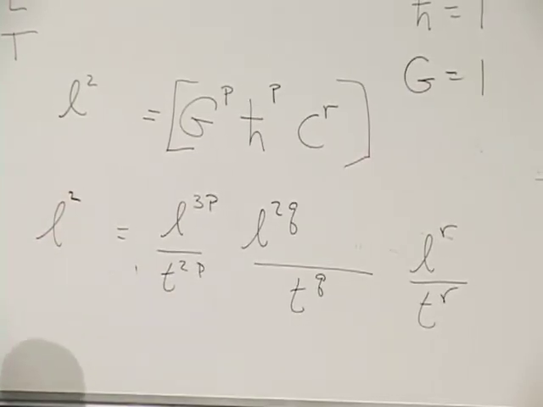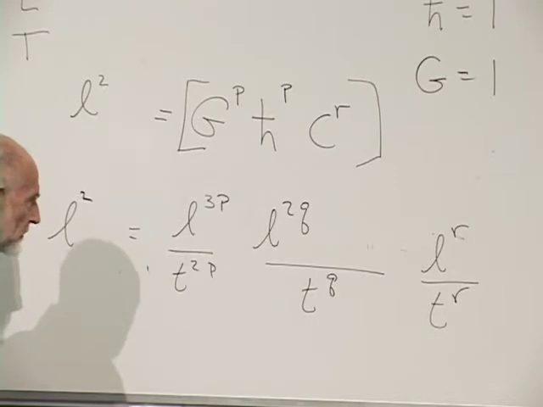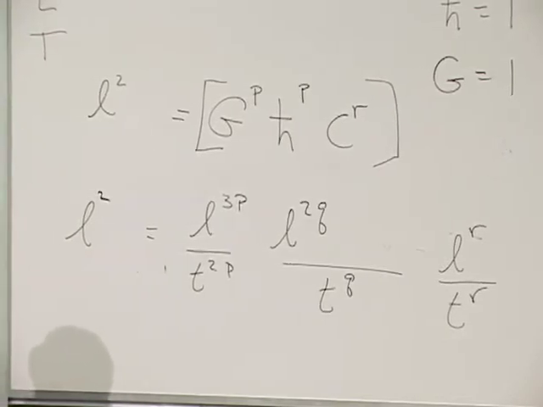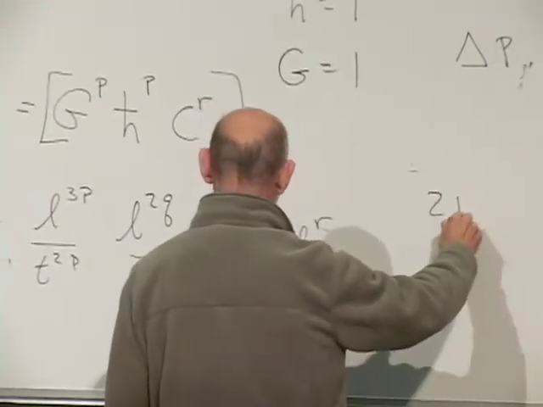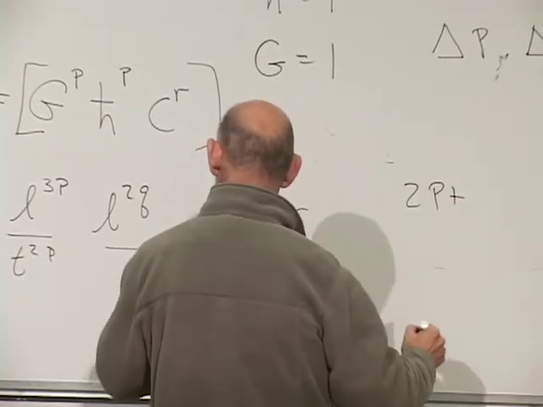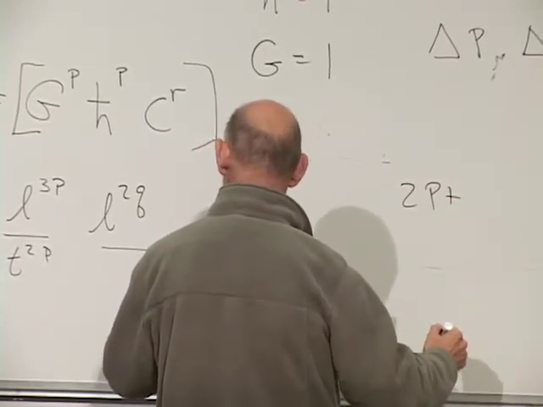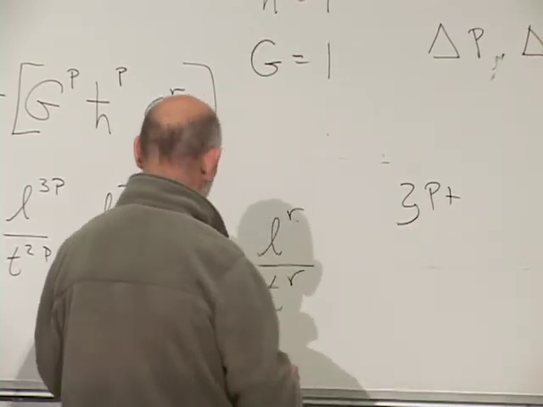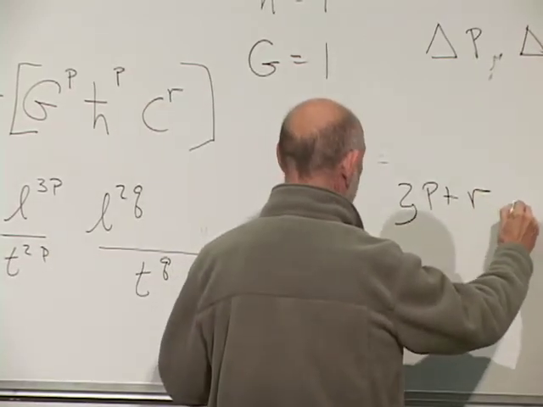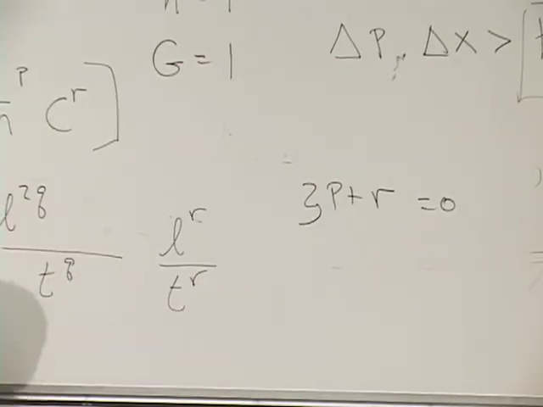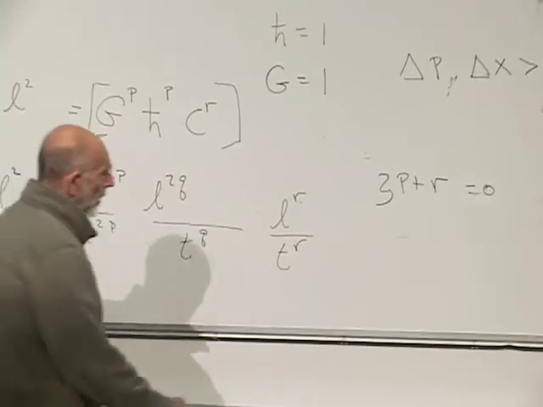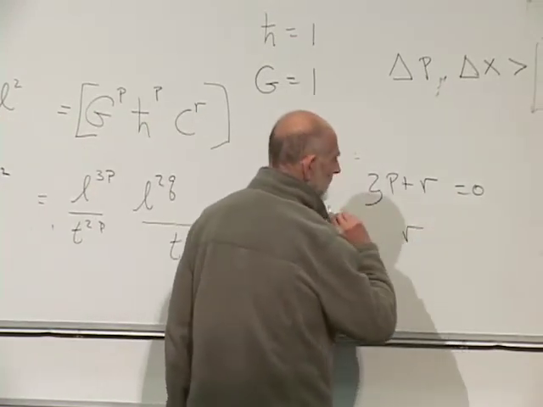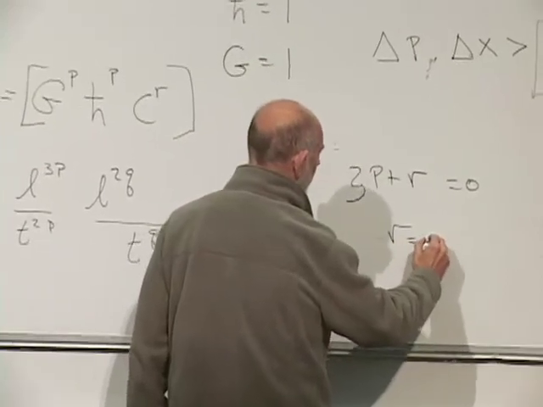Now, what else do we have? We have to get rid of all the times, it looks like. All right, so how many times do we have? We have 2p plus q, which is the same as p, so that's 3p plus r equals 0. So that tells us that r is equal to minus 3p.